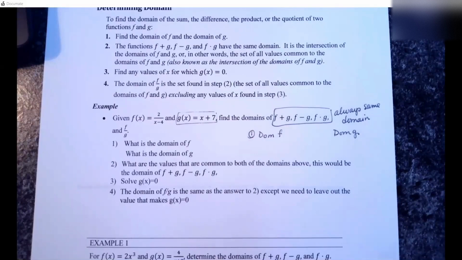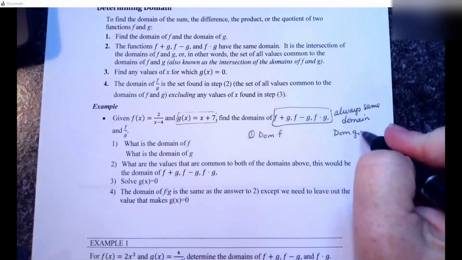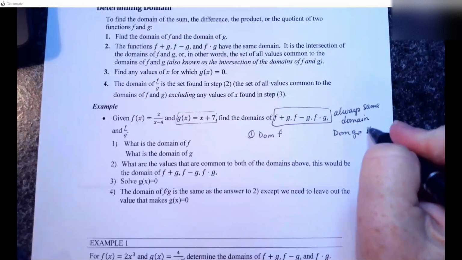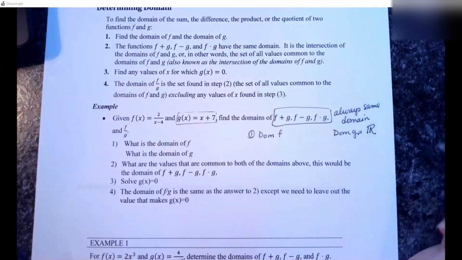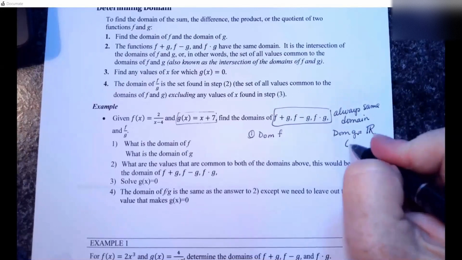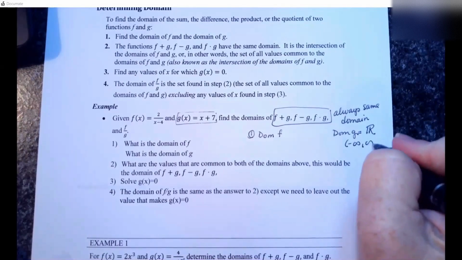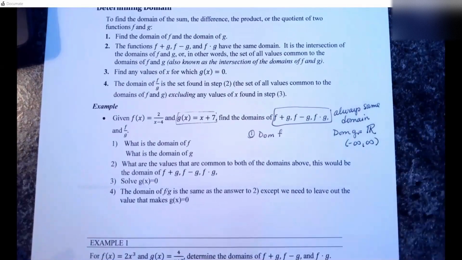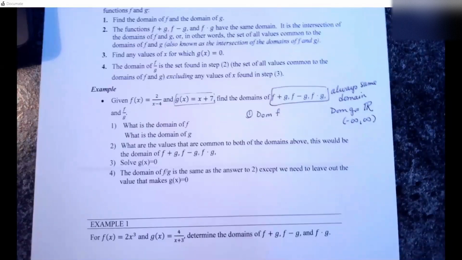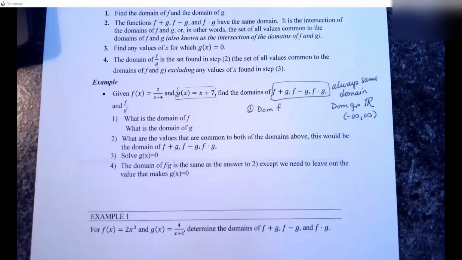So that would indicate that the domain of g is all real numbers, or we might write it as from negative infinity to positive infinity. Okay? When you're talking about the domain, the legal values for x, I keep saying, those are the values that if you plug those numbers in, you're going to get a real number as your answer.